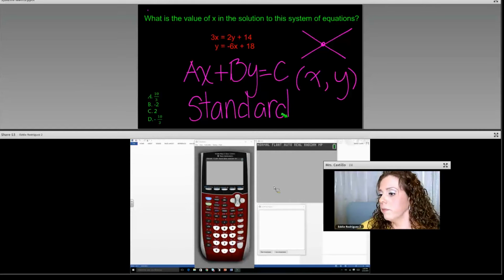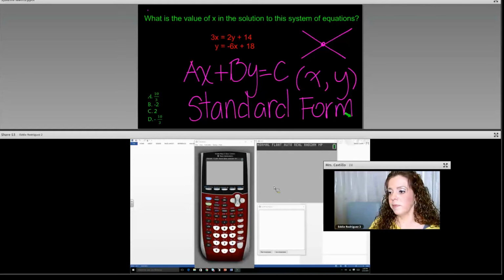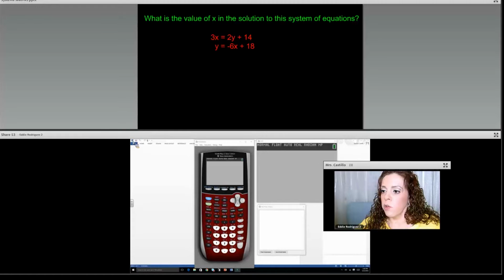So let's take a look and set these up. For the top equation, you'll notice that we need to move our y over from the right to the left of the equal sign.